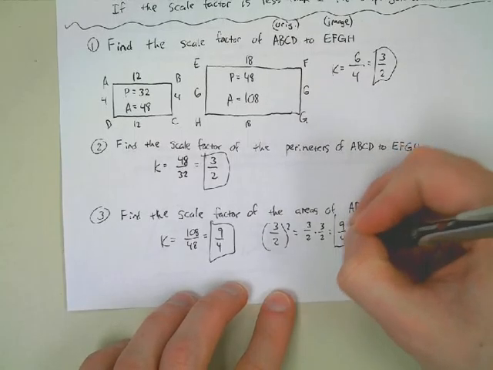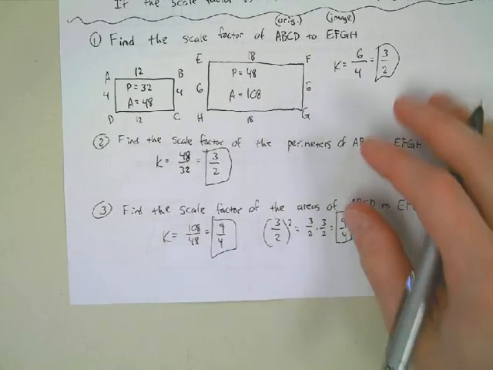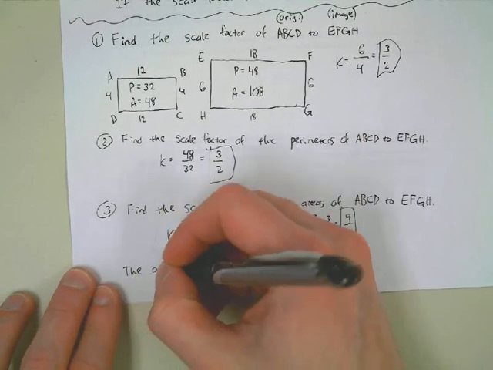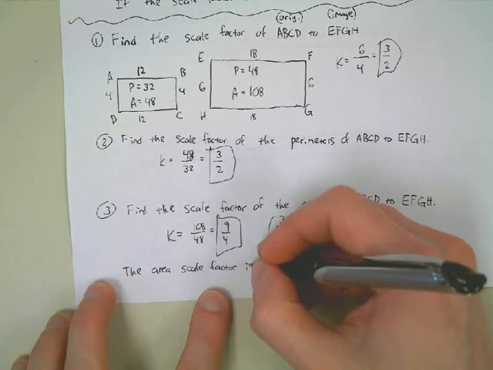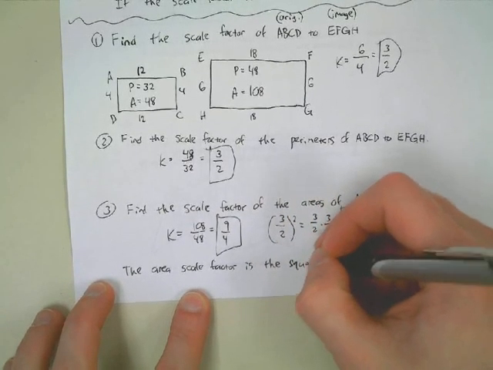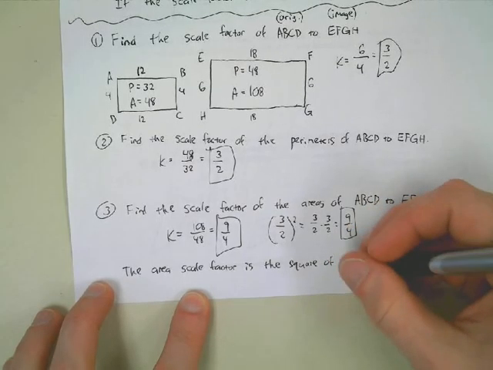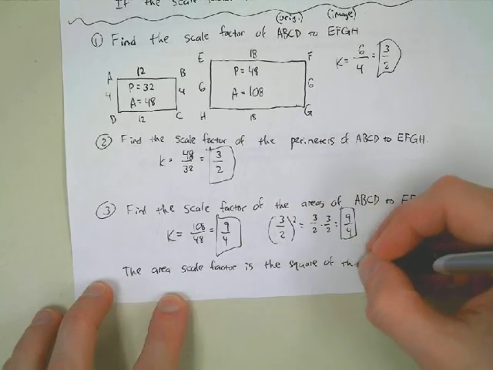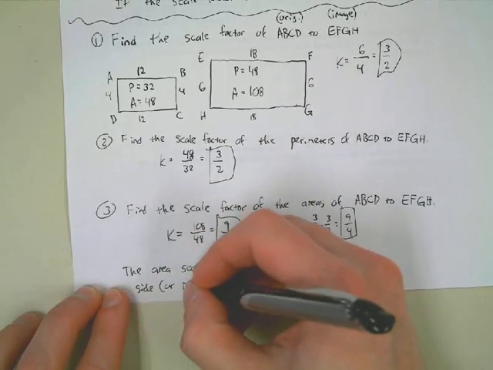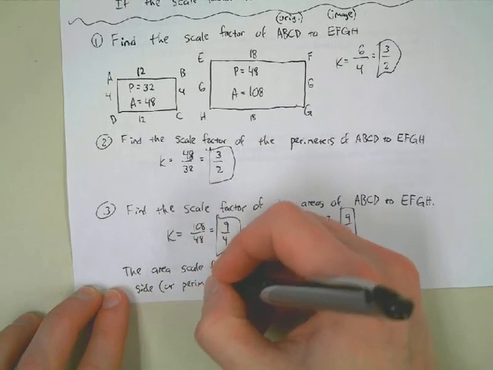The area scale factor equals the square of the side, or perimeter, scale factor.